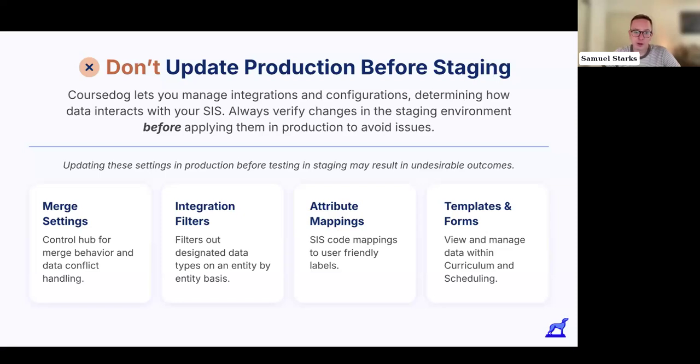And then a few, I think, more obvious items, because they are specifically pertinent to your merges and integrations, are going to be your attribute mappings, your integration filters, and your merge settings, all of which are configured, at least in current state, within the admin panel in CourseDog there.